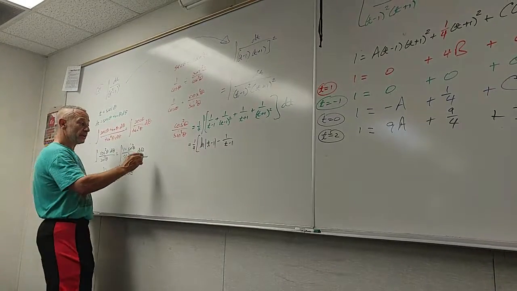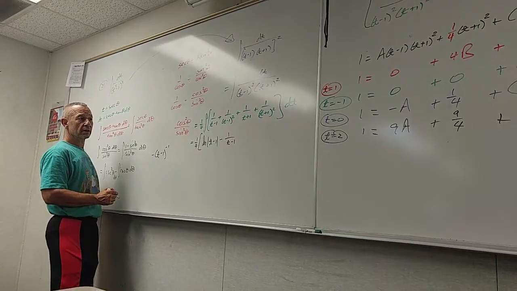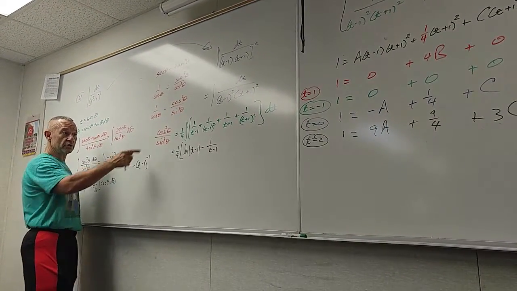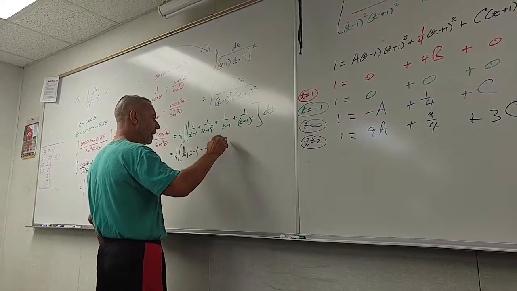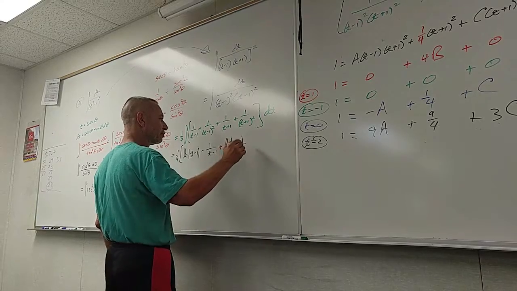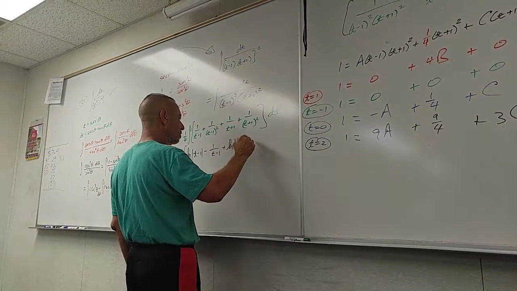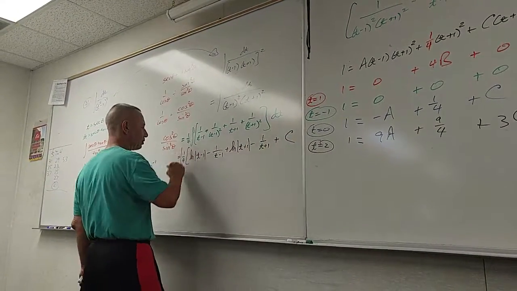Right, because the derivative of minus (t minus 1) to the negative 1, what's that? Well, the minuses cancel, so (t minus 1) to the negative 2, I get 1 over (t minus 1) squared. Plus ln absolute value t plus 1, plus minus 1 over t plus 1, plus an arbitrary constant.